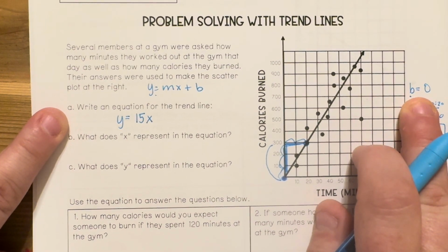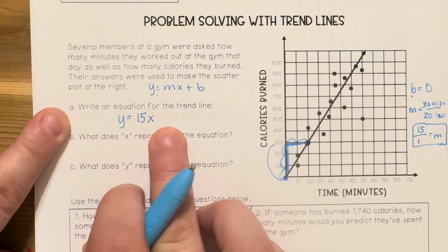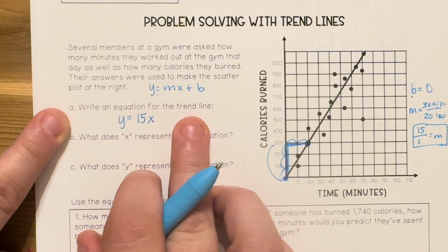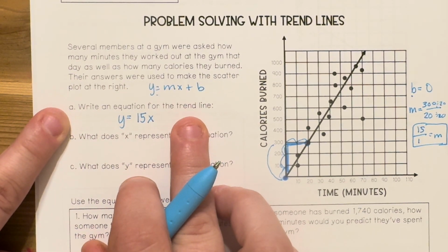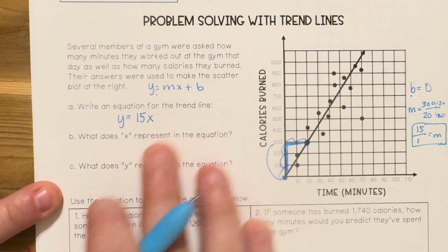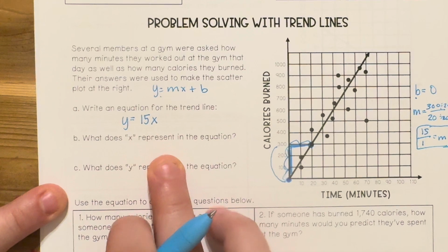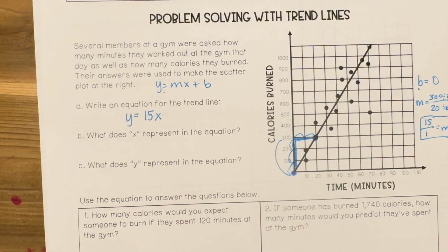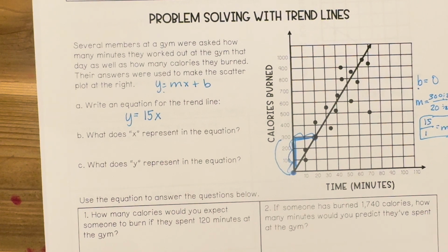I don't have a y-intercept, so I don't have to put it on here. And I'm going to leave it just like this. Now, if I put plus 0, I'm not necessarily wrong, but you're not going to see it like that on any tests or any problems. Okay? So I'm just going to leave it as y equals 15x. That tells me this is a proportional line, right? And we're going to go from there.